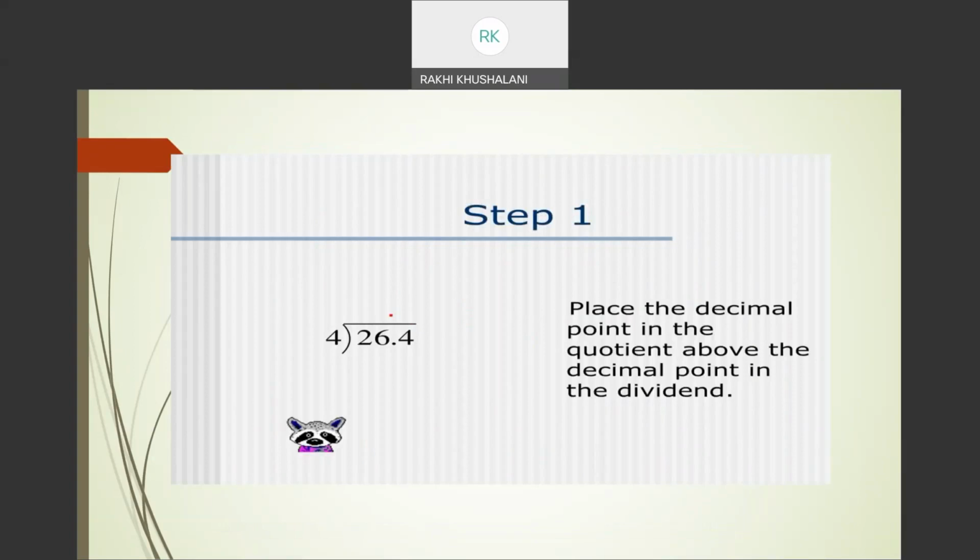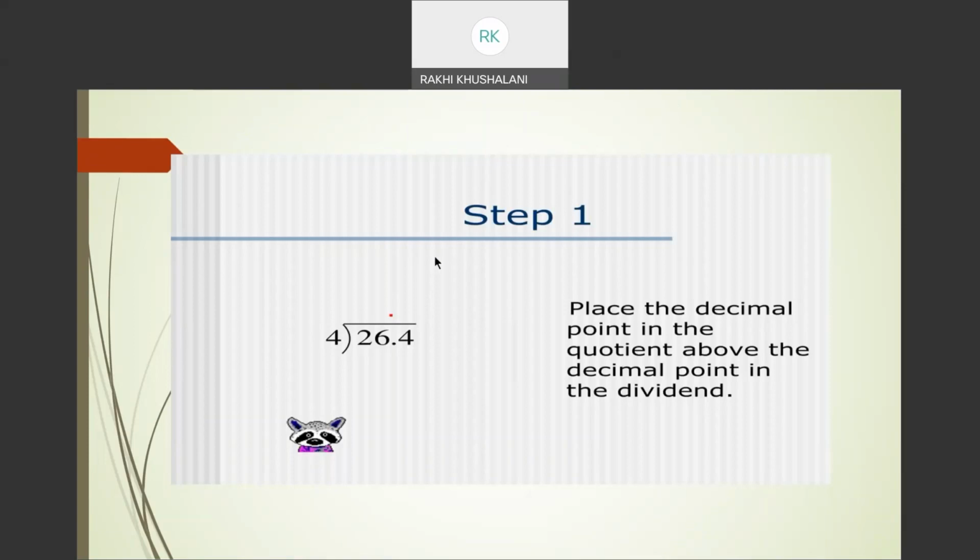Now here, the first step that includes is, my division is 26.4 divided by 4, where 26.4 is a decimal and 4 is a whole number. The first step says, place the decimal point in the quotient above the decimal point in the dividend.